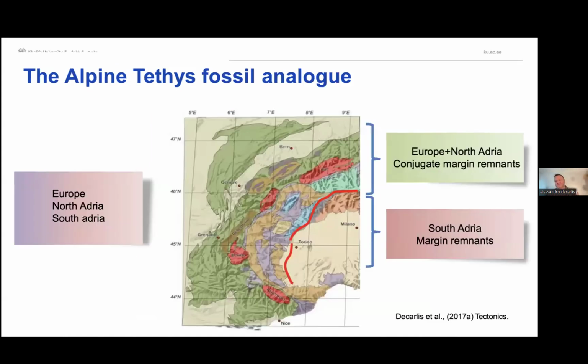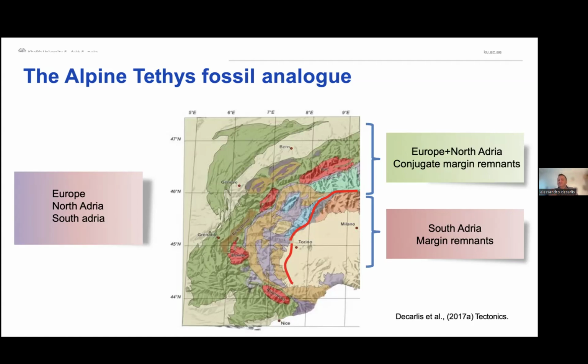To speak about this, we need to enter a little bit more into the Alpine system. The Alps are not really a simple domain in this case. From this picture you can observe that there is a main fault separating two areas of the Alps. In the north, you have a couple of margins, two conjugate margins that were squeezed together during compression.